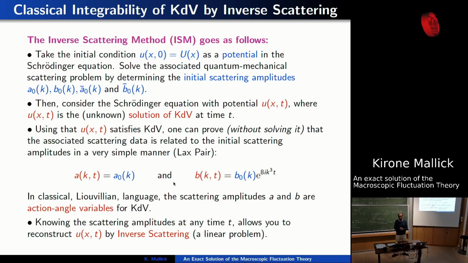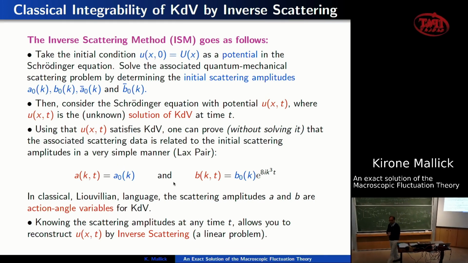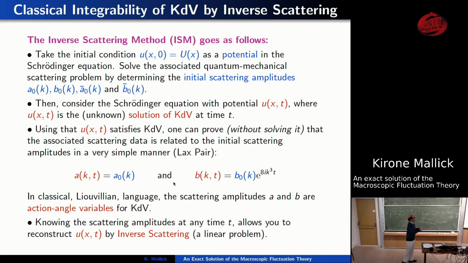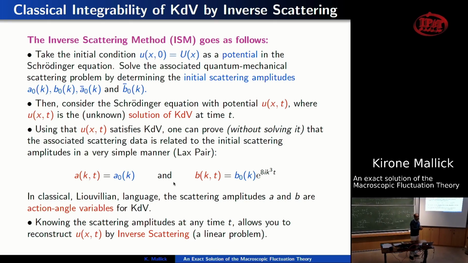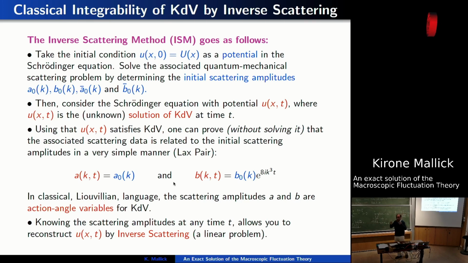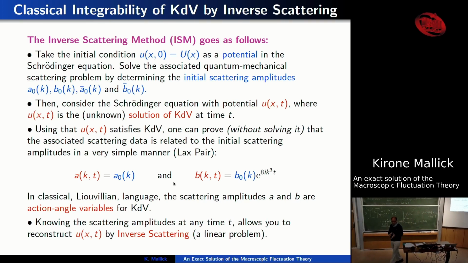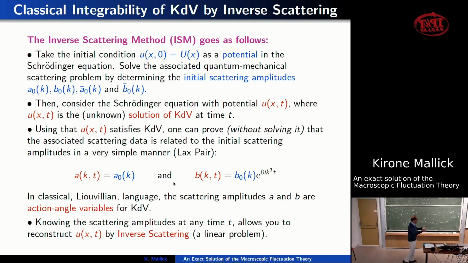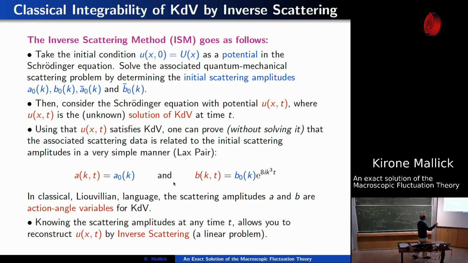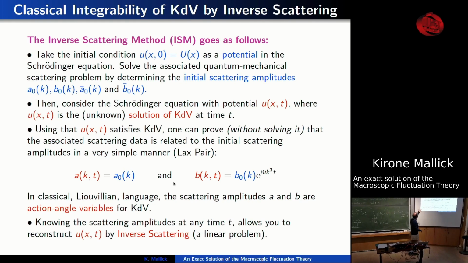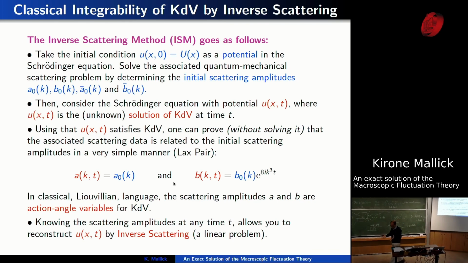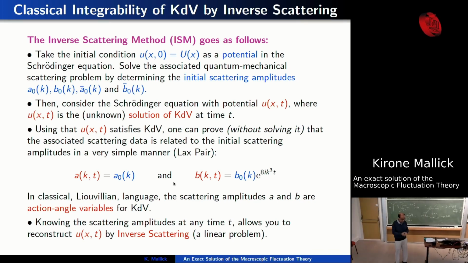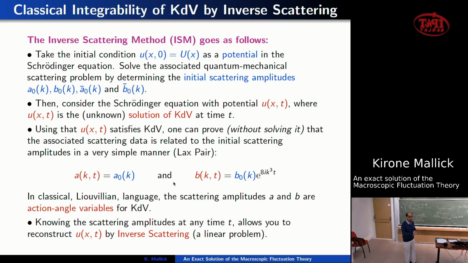You're not able to solve KdV for the moment, but you could also take the hoped solution u(x,t) of KdV and put it in the Schrödinger equation again. Suppose I give you the solution, you put it in, but you don't have it, but you can at least abstractly put it in the Schrödinger equation and compute the scattering data, A bar, B bar, at time t.